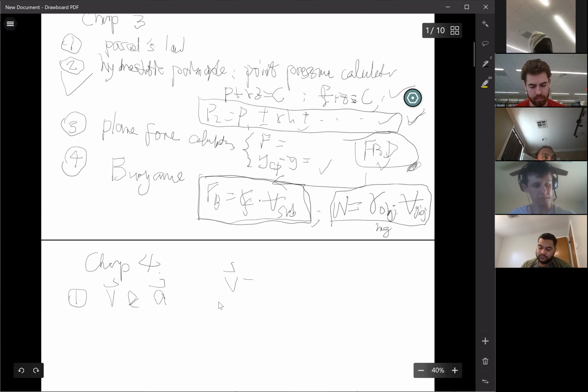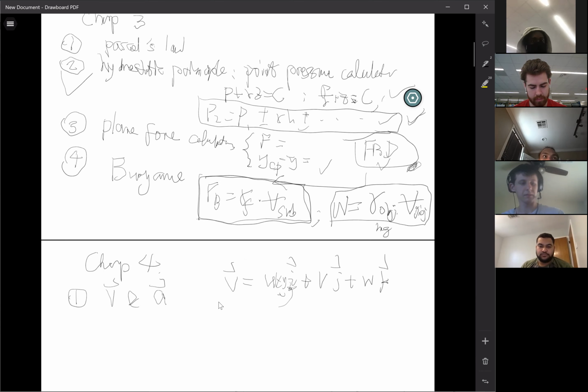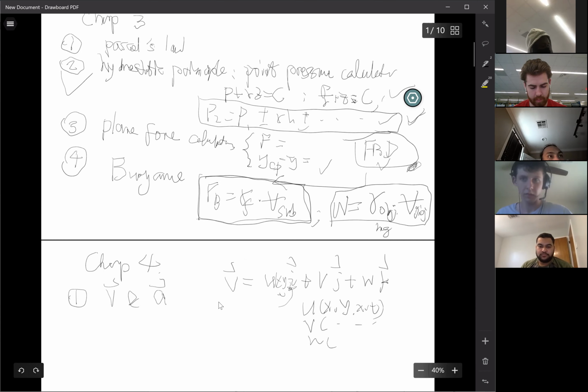The velocity vector has u, v, w components, with i, j, k, and all can be functions of x, y, z, and t.